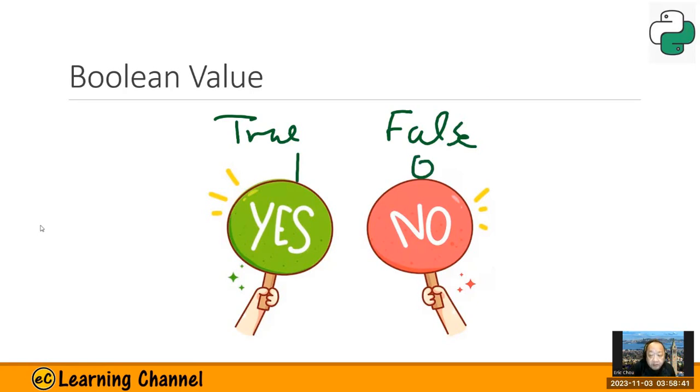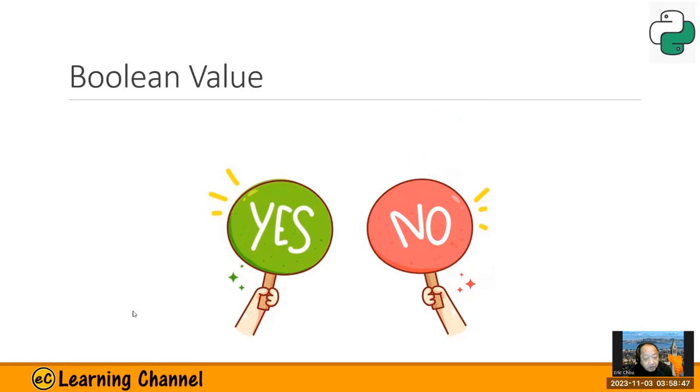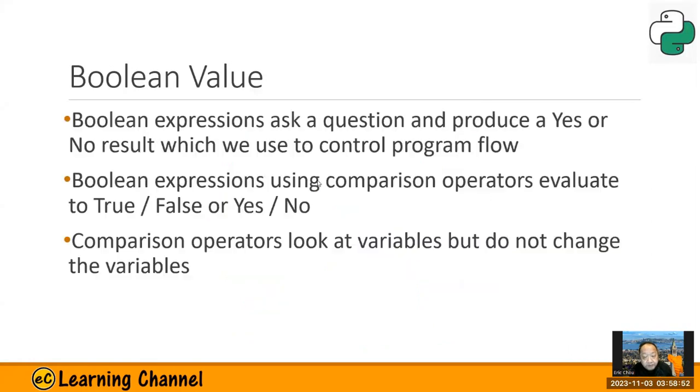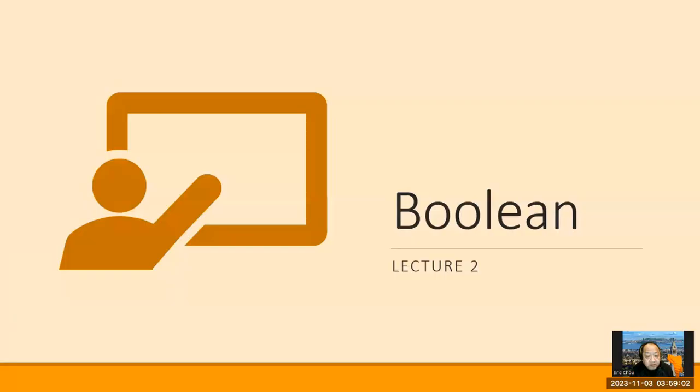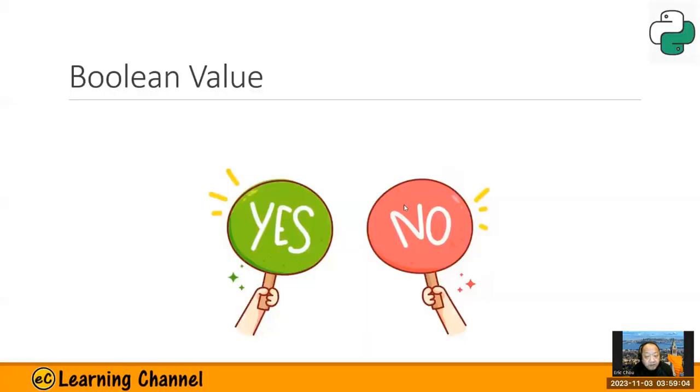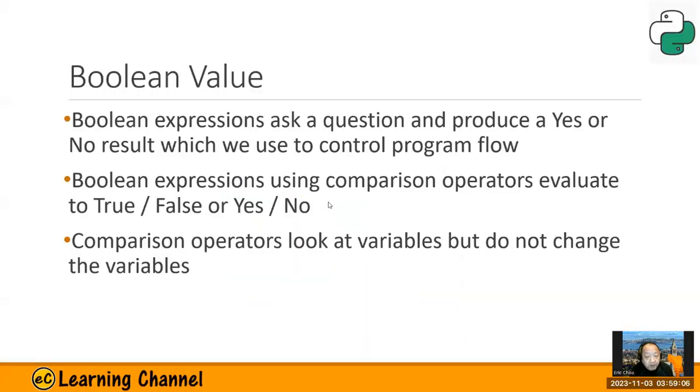But here, we only use true or false in Python. So when a binary decision needs to be made, we will need to use a Boolean value. A Boolean expression is an expression that uses Boolean variables or Boolean constants. A Boolean value is true or false. We talked about it already. Two values, true or false, 0 or 1.